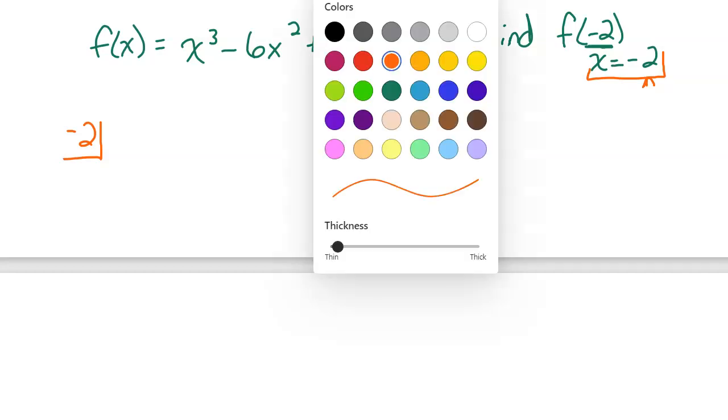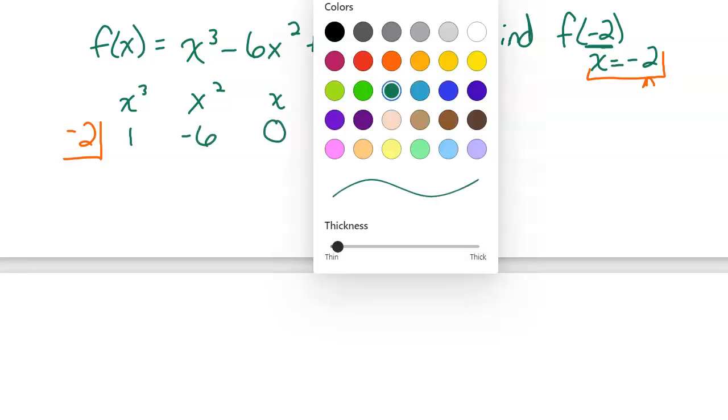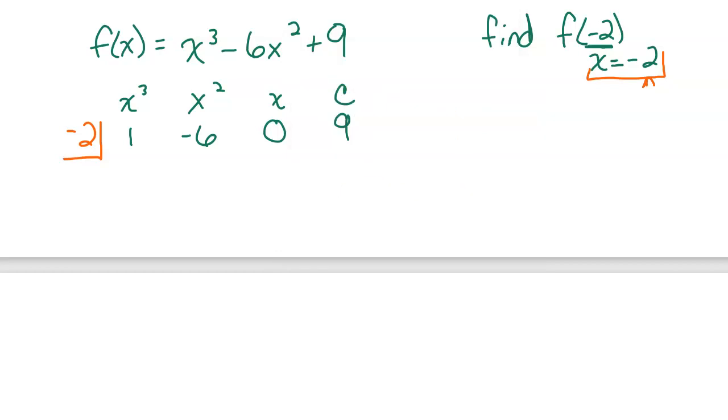Then I'm going to bring my coefficients down, starting with an x to the third, x squared, x, and constant. So I have 1, negative 6, 0, and 9. And then I'm going to do the division. So I have a 1. 1 times negative 2 is negative 2. Negative 6 plus a negative 2, remember we're adding, that gives me a negative 8.